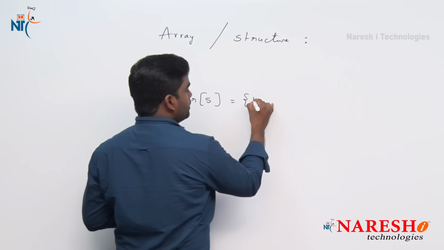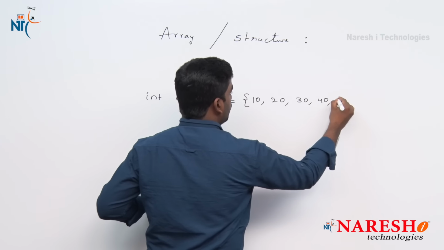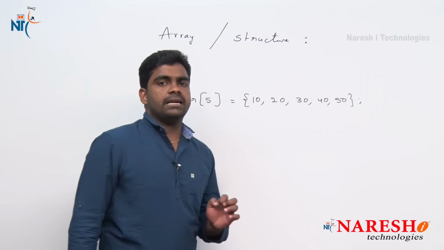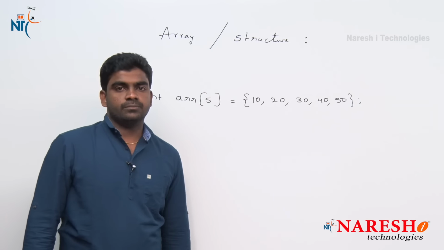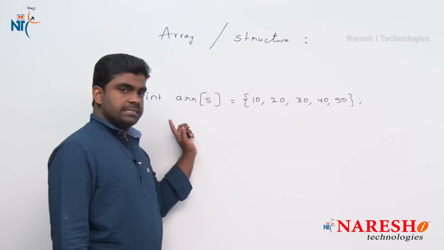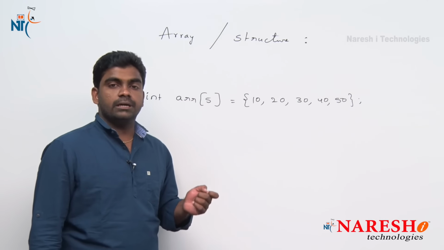But all the elements should be of type integer or float or double. Only homogeneous data elements it will accept. Either all the elements should be of type integer, or all float, double, and so on.